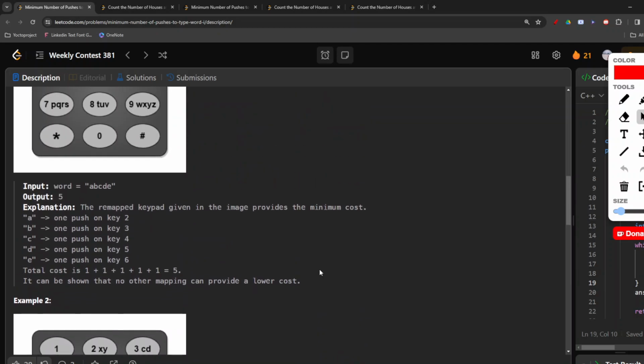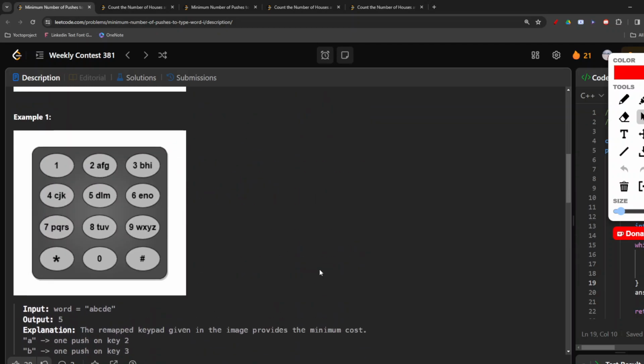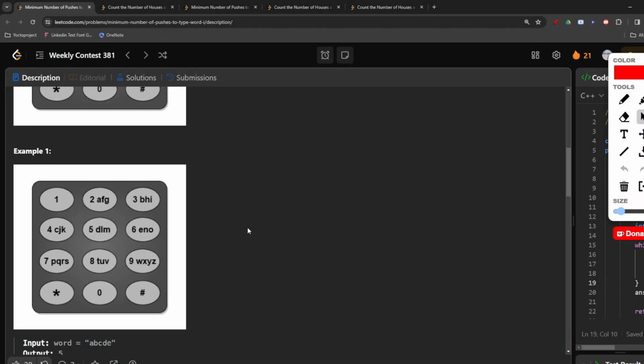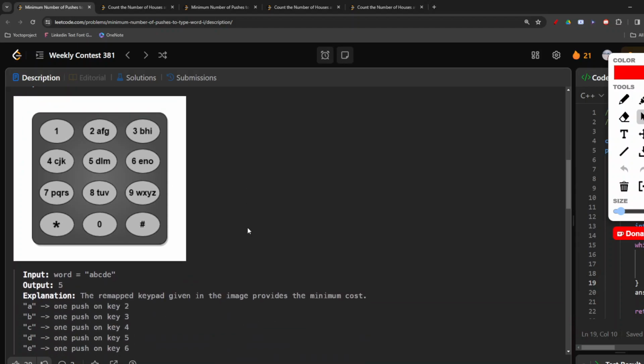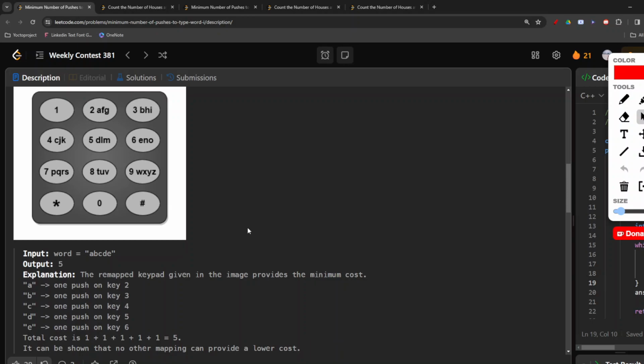So now comes the part of how we will be doing this. As we are given 8 keys where mapping could be done, we are required to map such that the number of pushes is minimum. Now if we check the first example, the number of characters in this word is 1, 2, 3, 4, 5.